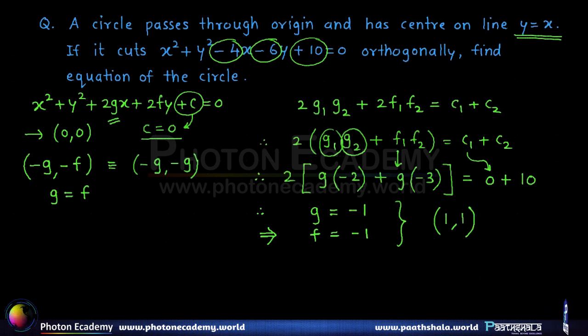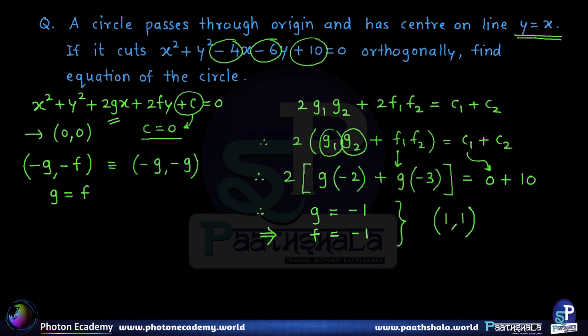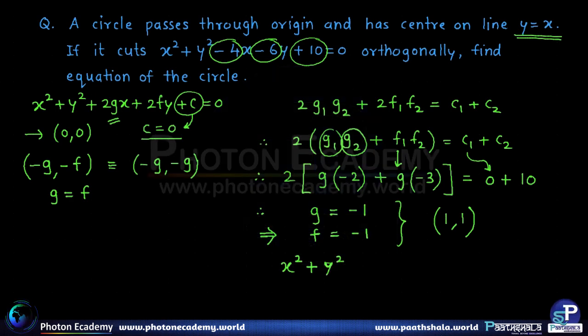So therefore substituting the values in the original equation, we get the final equation as x square plus y square minus x minus y equal to 0. That's the required circle.